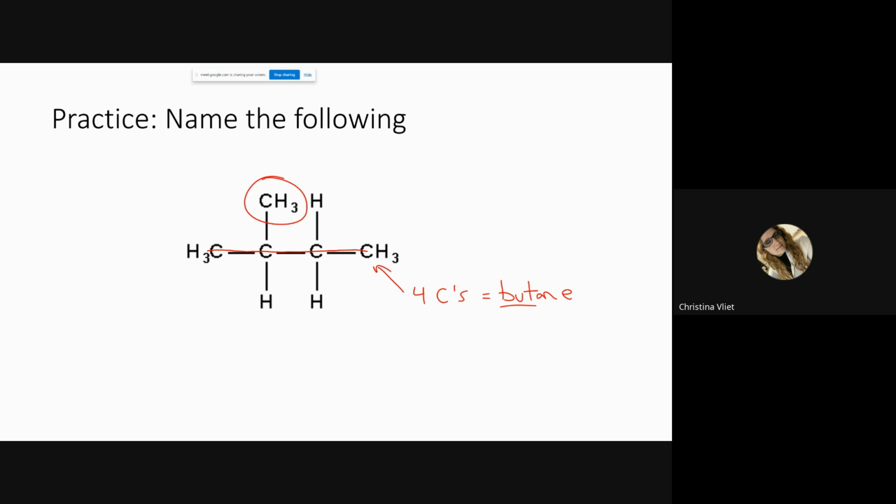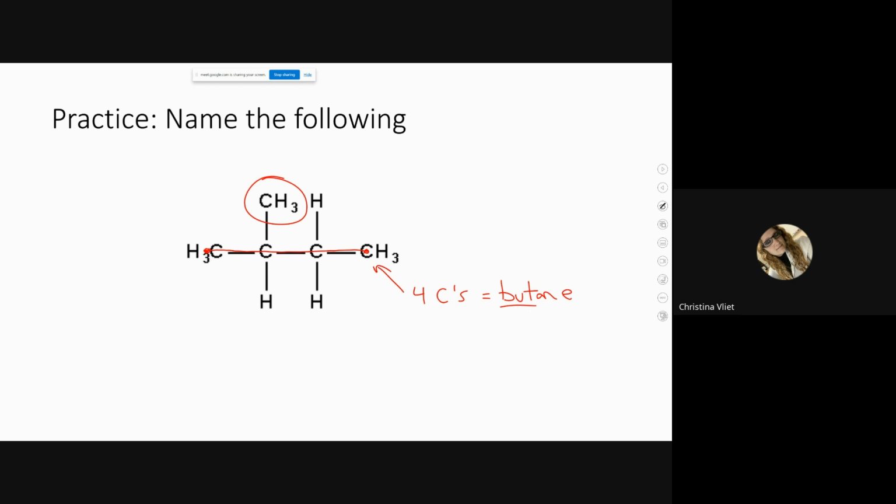So then, step 3. Number the longest continuous carbon chain in such a way that the substituents get the lowest numbers possible. So you're going to have 2 options here. This is one end of your longest continuous chain, and this is your other end, right? So there are 2 ways you could number your chain, but only one of them is correct. And it may help to do this in different colors.